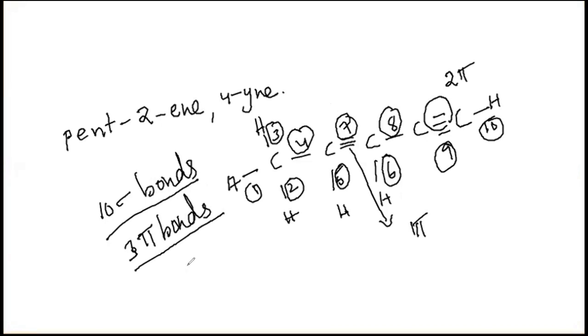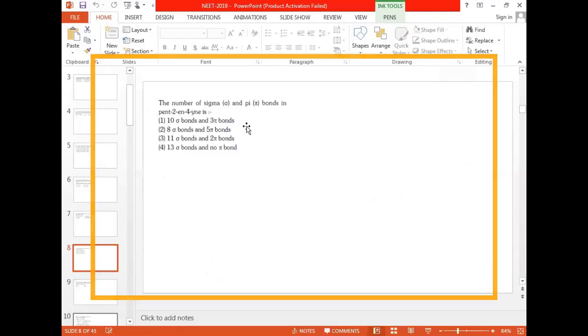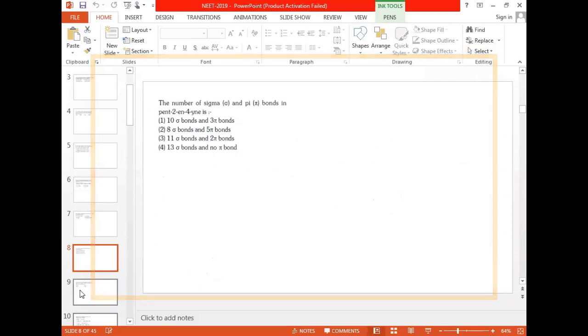They did not mention whether it is CH sigma bonds or CC sigma bonds. They said just sigma bonds. That is why I'm going with this particular one. Now look at the question. Where is it available? Option 1, 10 sigma bonds and 3 pi bonds we can take.